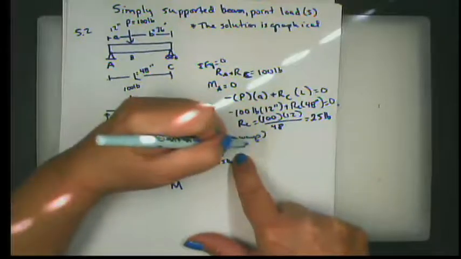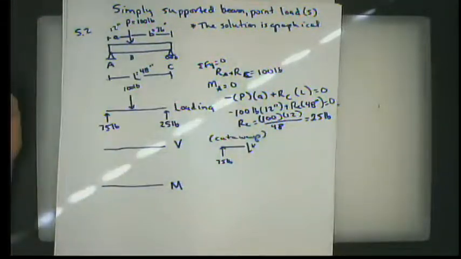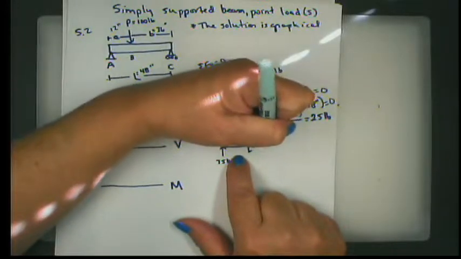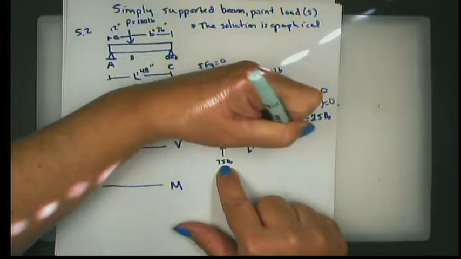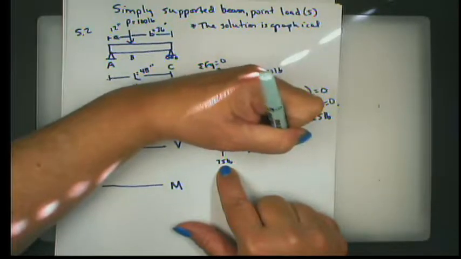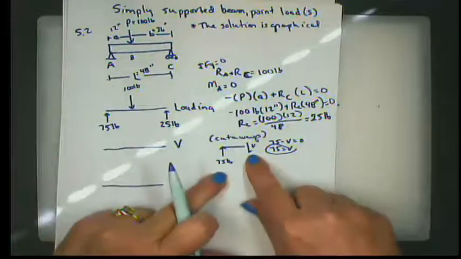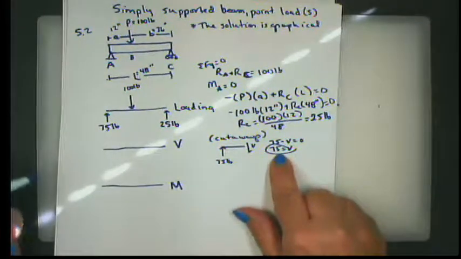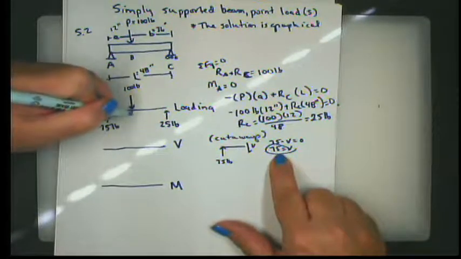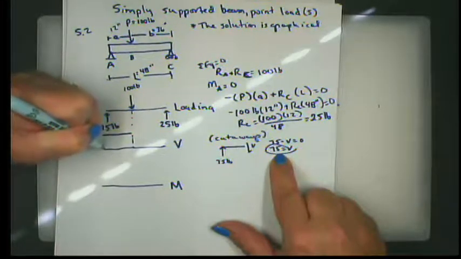And that tells me that everywhere I'm going to have a V force equal to 75 pushing down. Or to do the statics, I would say 75 minus V equals 0, or 75 equals V. So this is positive, and if you remember when we talked about sign convention, I said that down cut on the left or cut on the right is positive, so that fits. So that means between here and here, my V diagram looks like this.